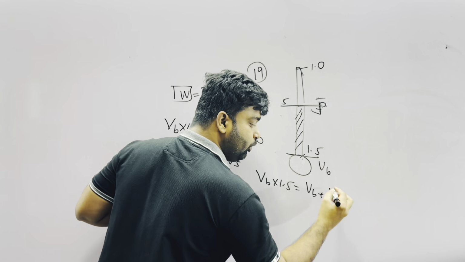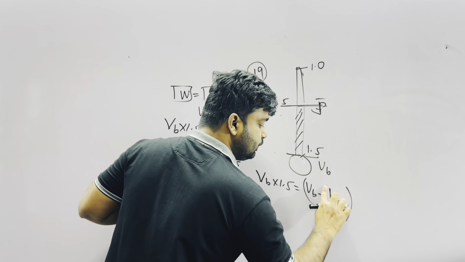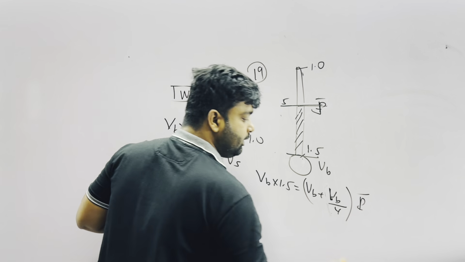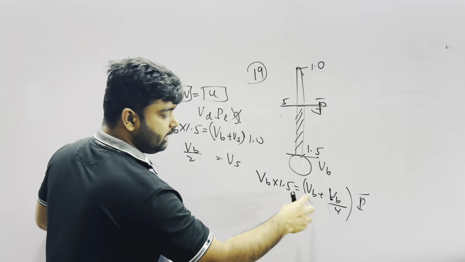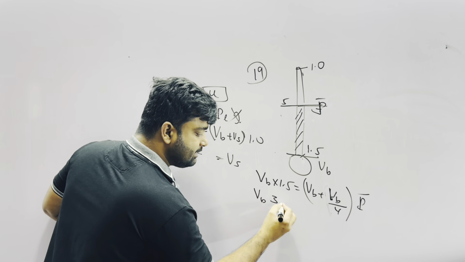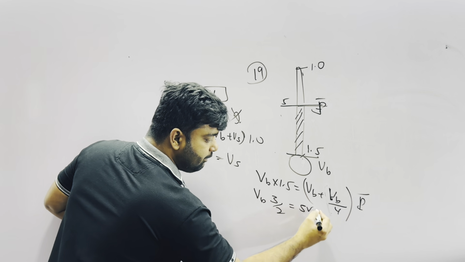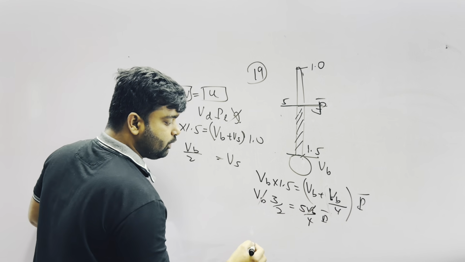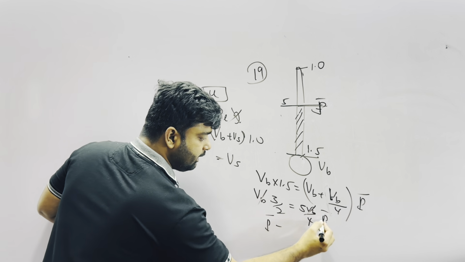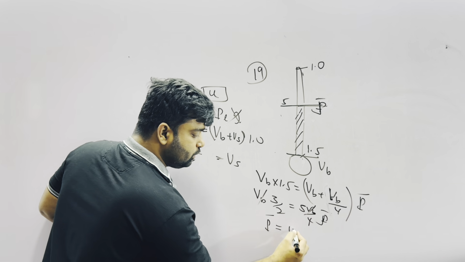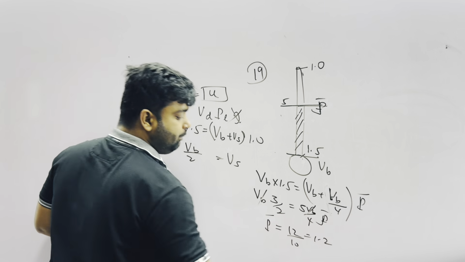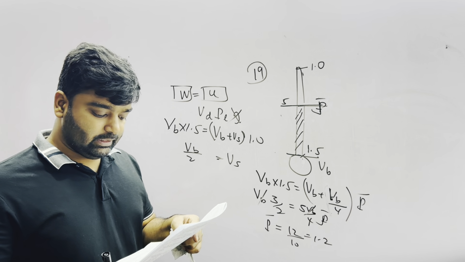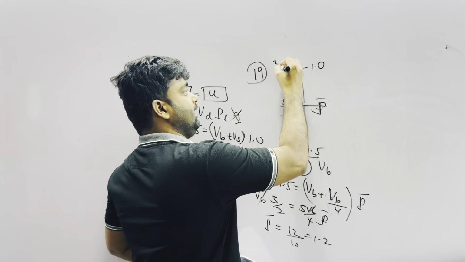Therefore, Vb by 4 into density of the liquid rho bar. You can substitute Vb into 1.5, this is 3 by 2 equals 5Vb by 4 into rho bar. Vb will be cut off. And if you cross multiply, rho bar is equal to 12 over 10. That is 1.20. Question number 19, answer number 3 is correct.